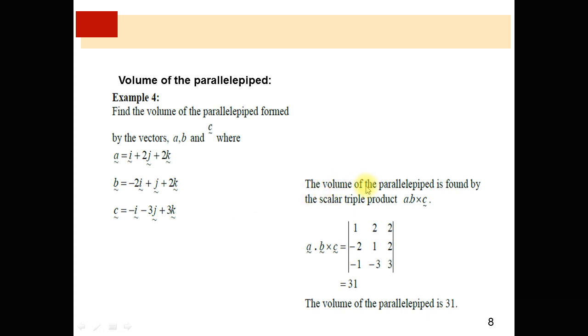The volume of the parallelepiped is given by the scalar triple product A dot B cross C, which can be found by using a determinant. The first row contains the components of vector A, the second row the components of vector B, the third row the components of vector C, and after expanding this determinant we obtain 31, and this is the volume of the parallelepiped.